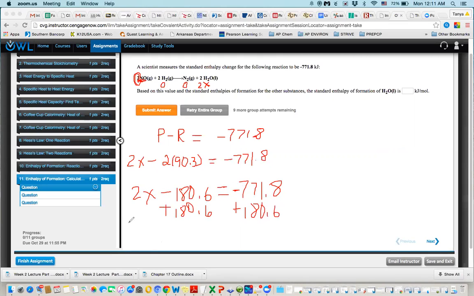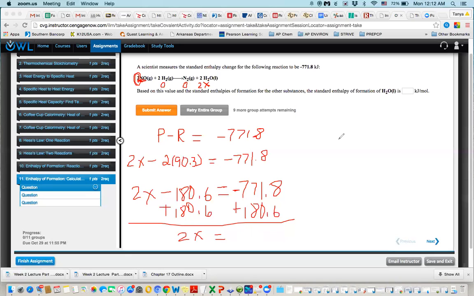And then I'll have 2x is equal to whatever that is, and then I'll divide by 2, and it looks like that's going to be a negative value, right? So I've got negative 771.8 plus 180.6, and that's negative 592. I need to divide that by 2, and that means x is a negative 295.6.